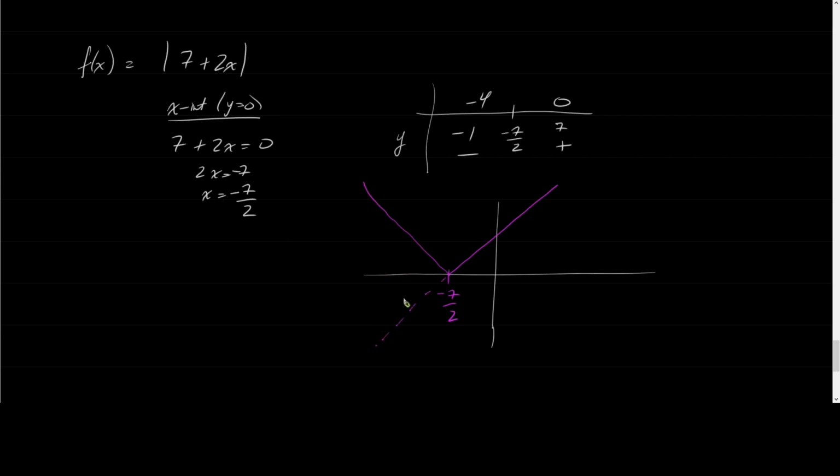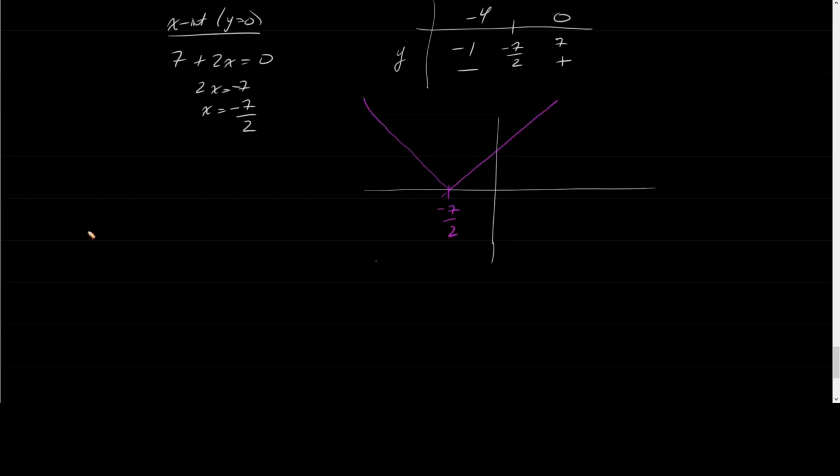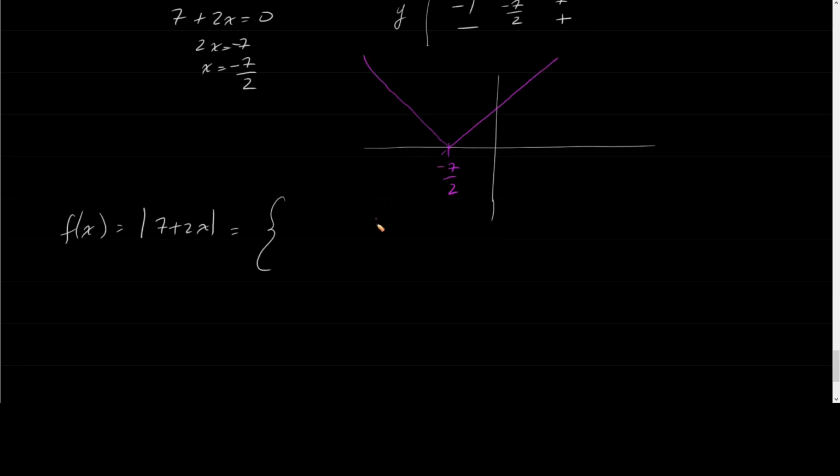Now, as a piecewise function, how is that written? Okay, well, f of x, and let's go back to writing in white. F of x is going to be what was the absolute value of 7 plus 2x, which is, well, the split point is at the x-intercept, so we're going to look at what happens to the right of -7/2, and then to the left of -7/2.